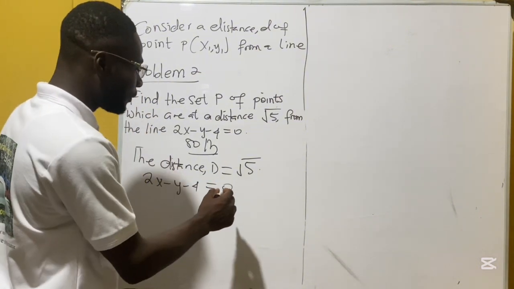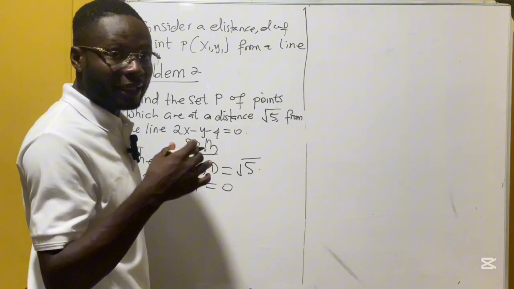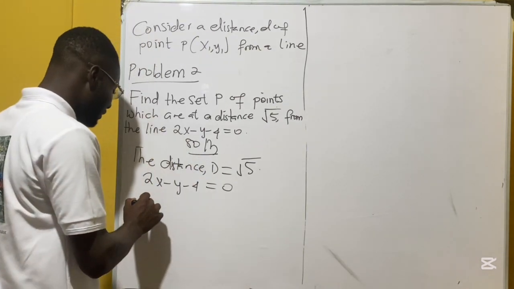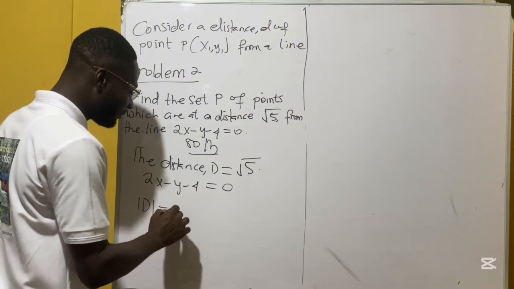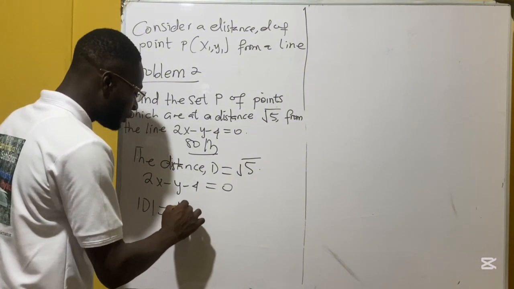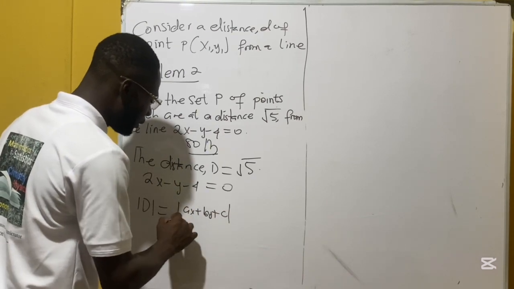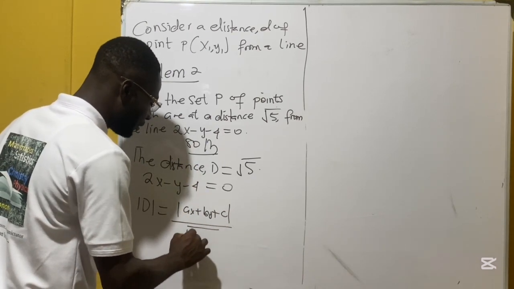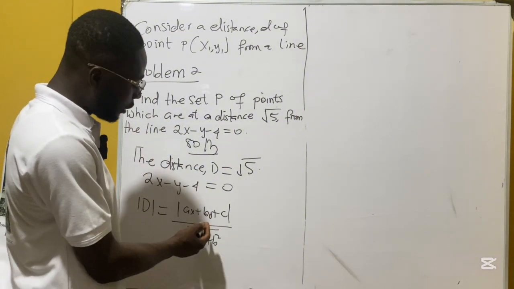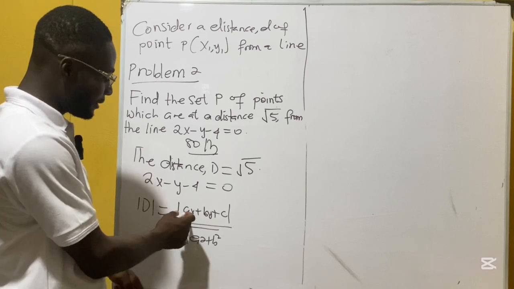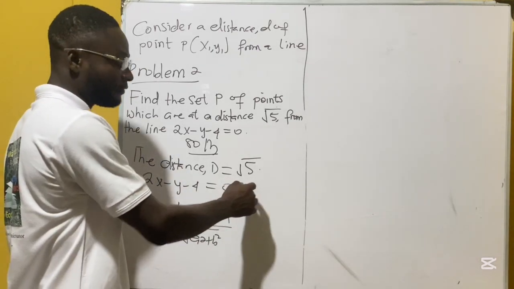Now we know that the distance of a point from a line is given by the absolute value of ax plus by plus c, over the square root of a squared plus b squared. So how do we get this information a, b, and c? We can get it right from here.